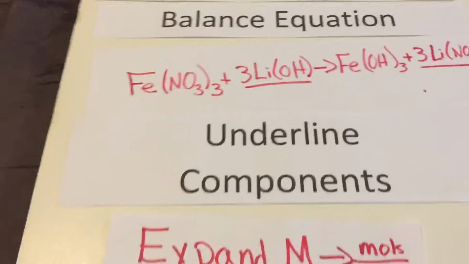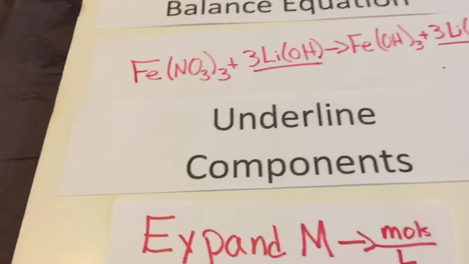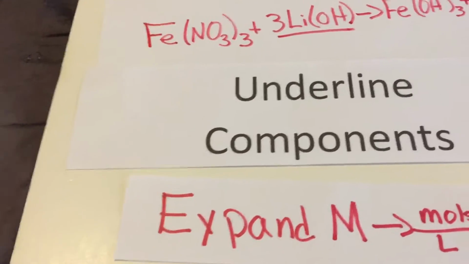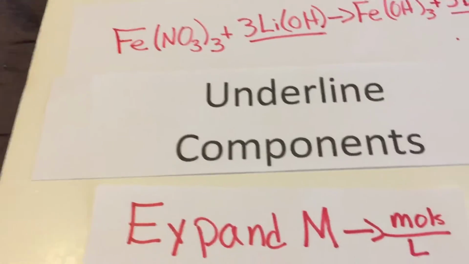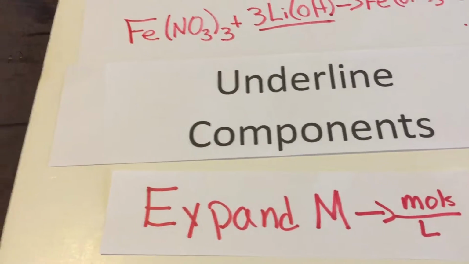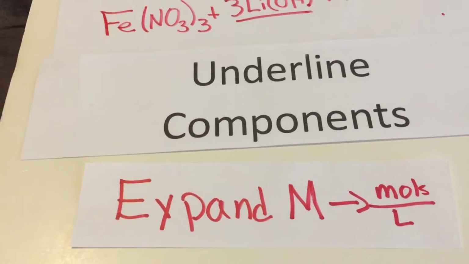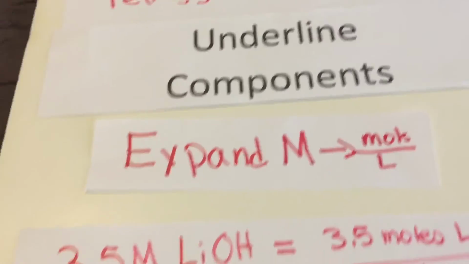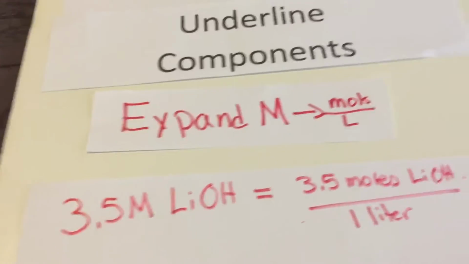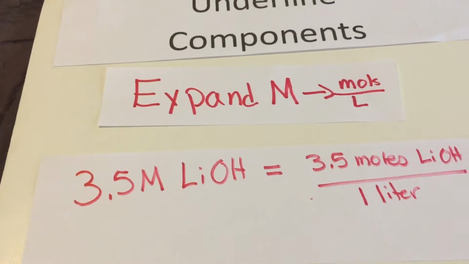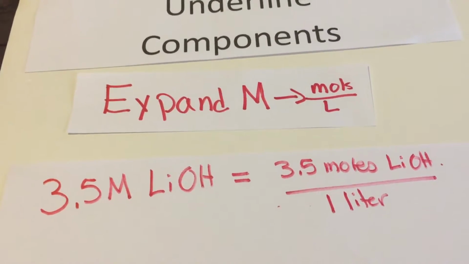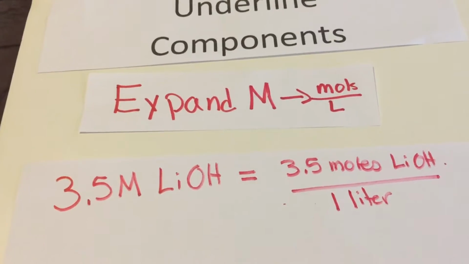Okay, so now we were given that we have a 3.5 molar lithium hydroxide solution, and she's got 100 milliliters. So we're going to try and figure out how many grams of lithium hydroxide she has. You take your molarity and expand it to moles per liter. So 3.5 molar lithium hydroxide equals 3.5 moles of lithium hydroxide to 1 liter.